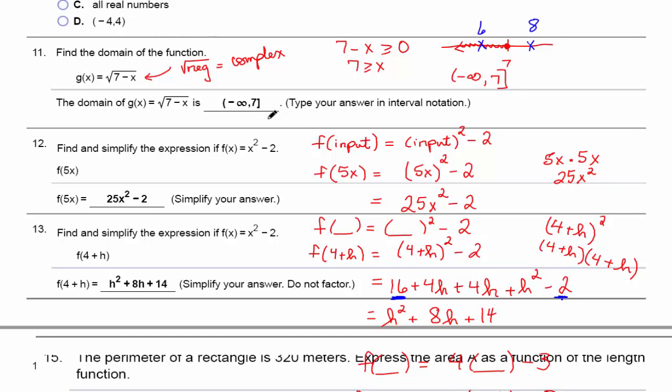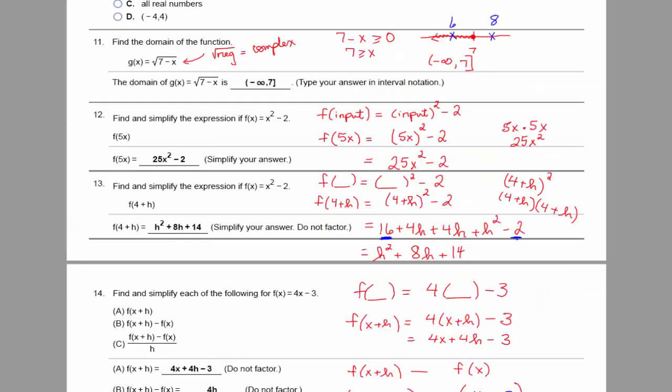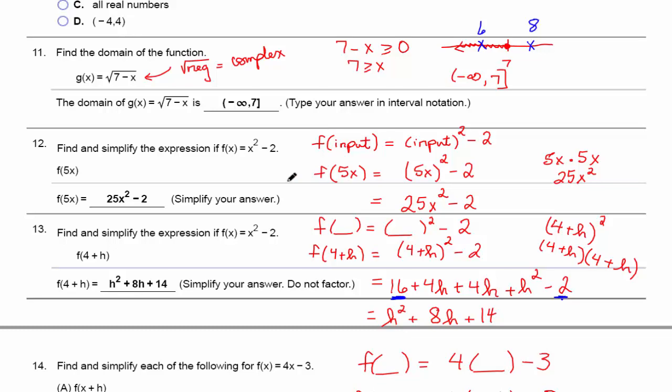All right, question 12. In question 12, we have again this thing where I have a function, and it looks like f of an input is that input squared minus 2. The x is simply a placeholder for the word input.